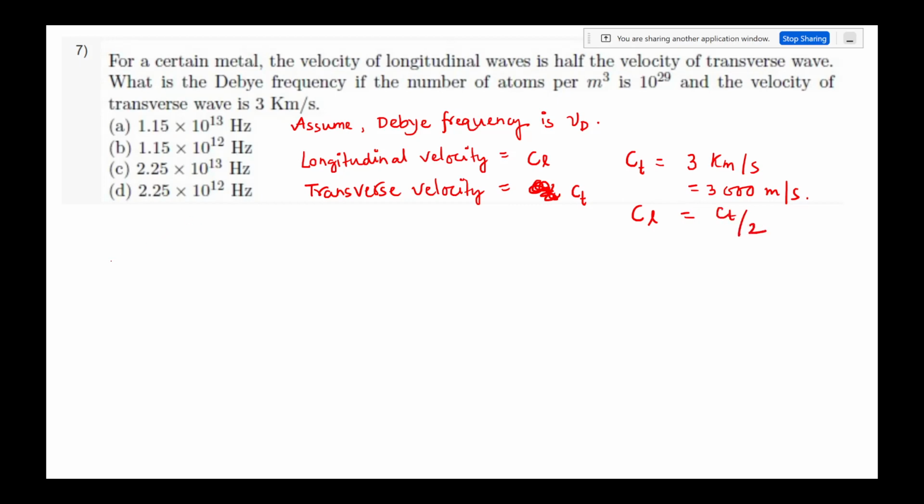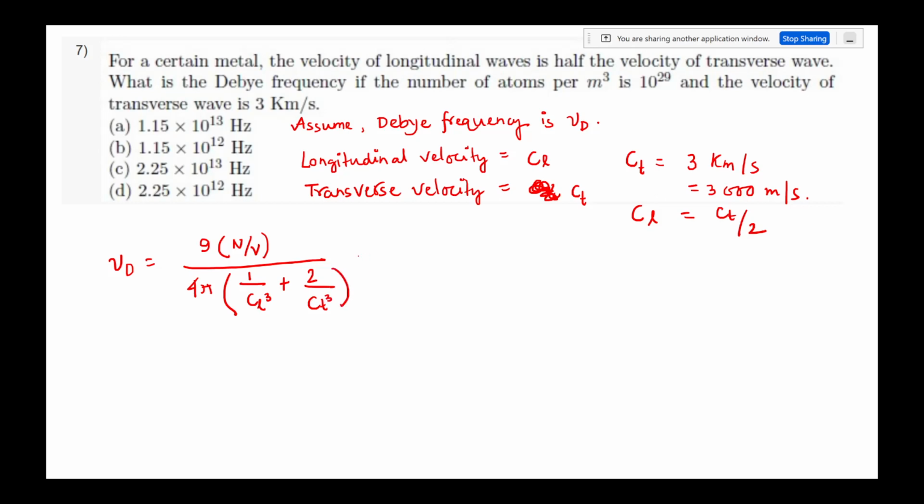And so this formula, omega D is equal to 9 n by v divided by 4 pi times 1 by CL cube plus 2 by CT cube.